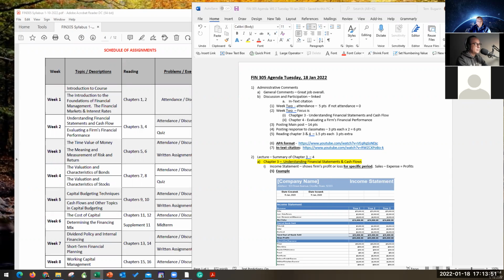Now, in-text citations are required, plus a reference. References, as in a book, are indicated at the bottom of your response. In-text citation is written within the body of your response. So as I indicated earlier, if you respond and do what is required for this week, you get 5 points for attendance.